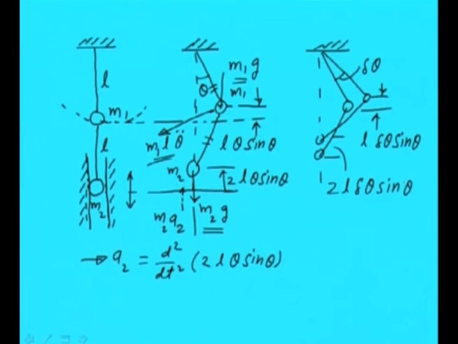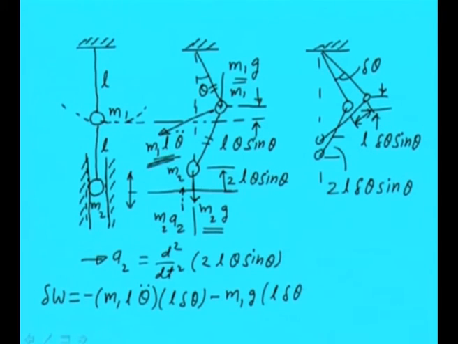Now we can write the virtual work because of these quantities. The virtual work done from the first term is minus m1 L theta double dot, and this particular distance is L delta theta, then m1g, the upper ball having this much virtual displacement.